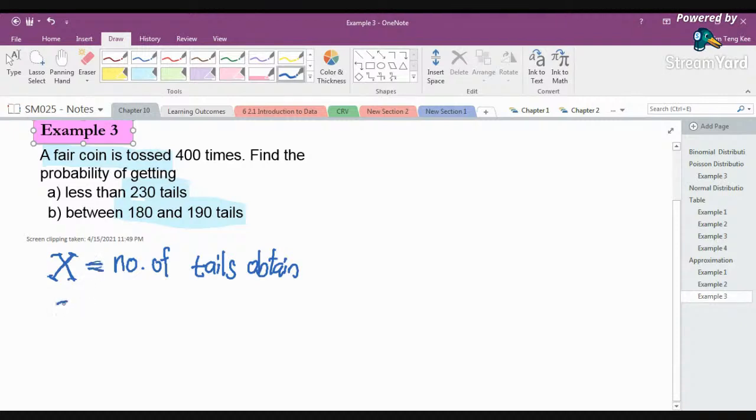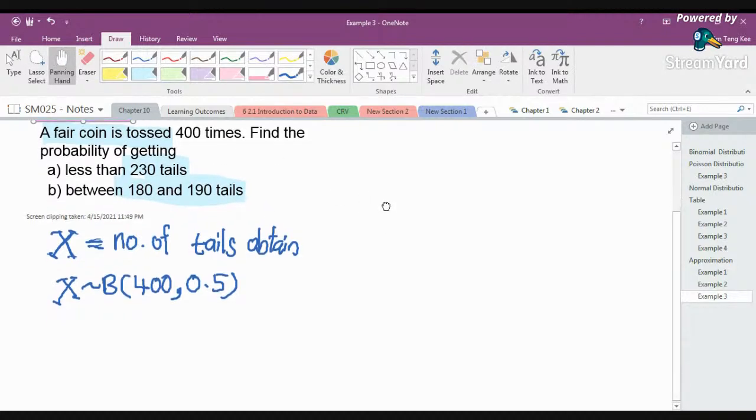I notice that my X follows a binomial distribution, where I have 400 trials, and the probability of getting tails in this case will be 0.5. The chance is 50%, because it was told that it's a fair coin. So whether head or tails, I have equal chances to obtain it.